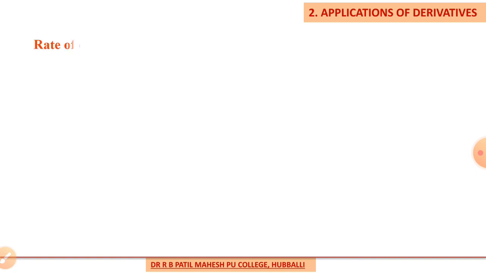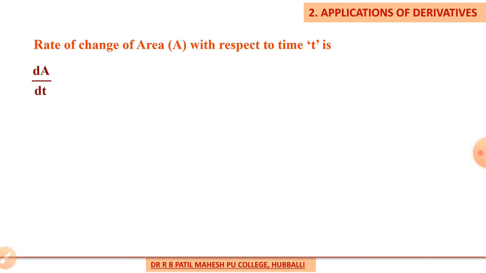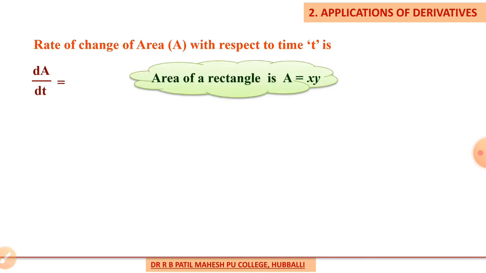The next one is the area of the rectangle. So first I have to take the area formula, and then differentiate with respect to t. Now the rate of change of area A with respect to time t is given by dA by dt. The area of a rectangle formula is A equal to x into y.